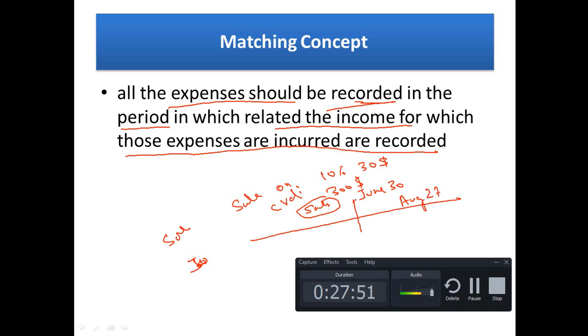Even if you paid it on August 27, you have to record the liability in this period to match the income and expense, and to correctly calculate and estimate the profitability of the business.